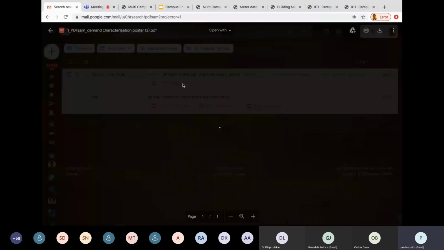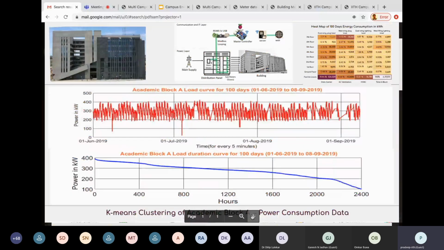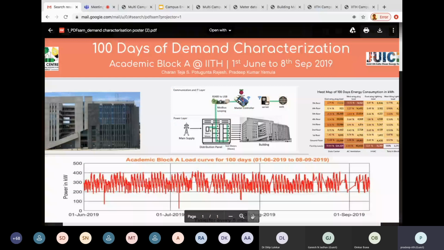Just give a minute for the file to open. So again, I would like to show one big poster. This poster we presented at one of these events. This is the work of one MTech student. Are you able to see the screen? Yes, sir.